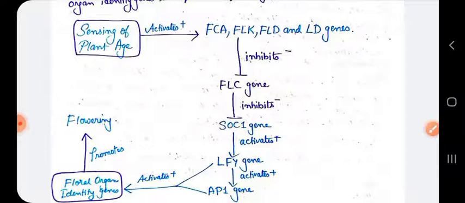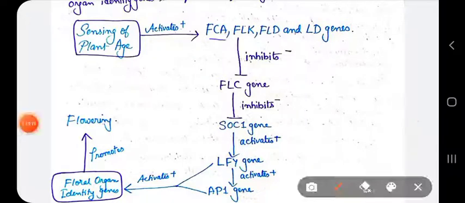So when a plant achieves its reproductive maturity, it activates some of its genes, like the flowering control locus A gene, also called FCA, then flowering locus K gene, then FLD, flowering locus D, and luminidependens gene, which is called LD.